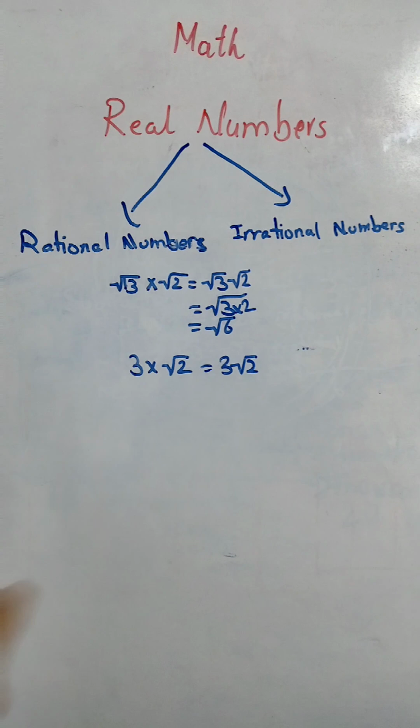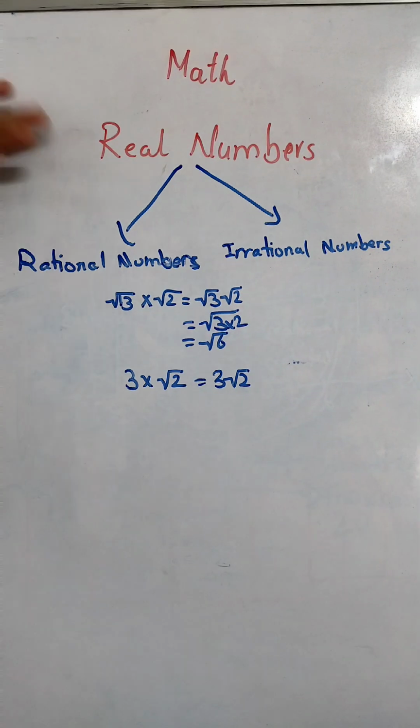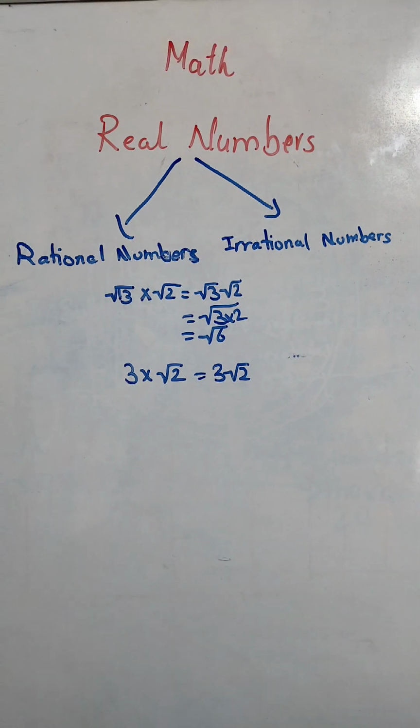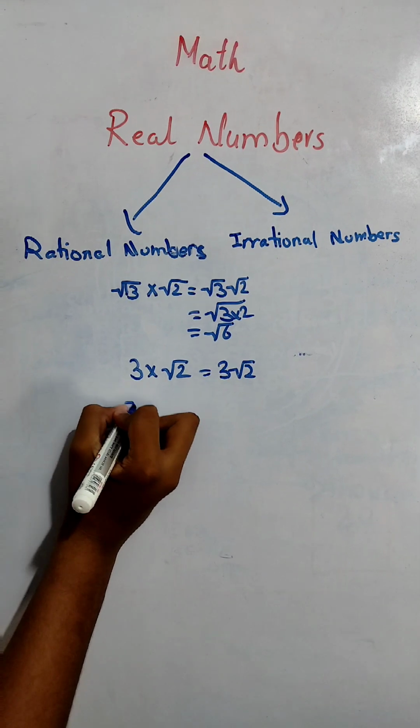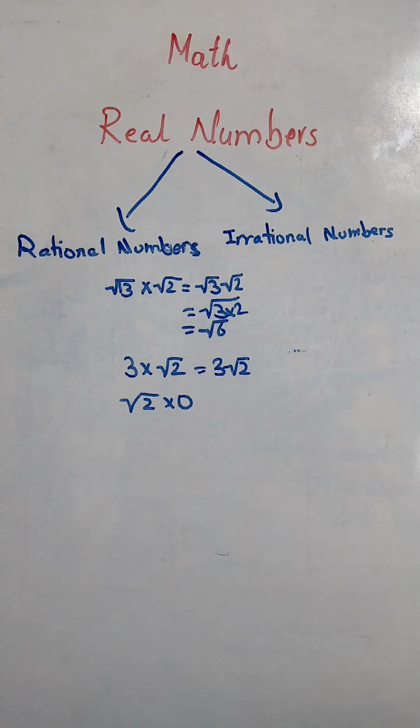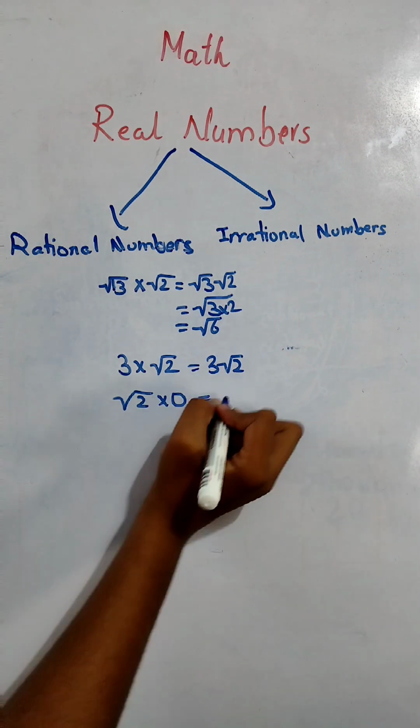So we've seen two ways of how these real numbers can be irrational. What is one way of them being rational, you might ask? Well, in this case, there are two ways of them being rational. One way is for them to be multiplied by 0, which is a rational number, and as any number multiplied by 0 is 0, this is rational.